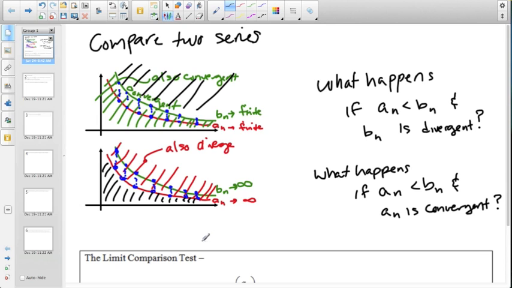So in these two situations, the direct comparison test is inconclusive.